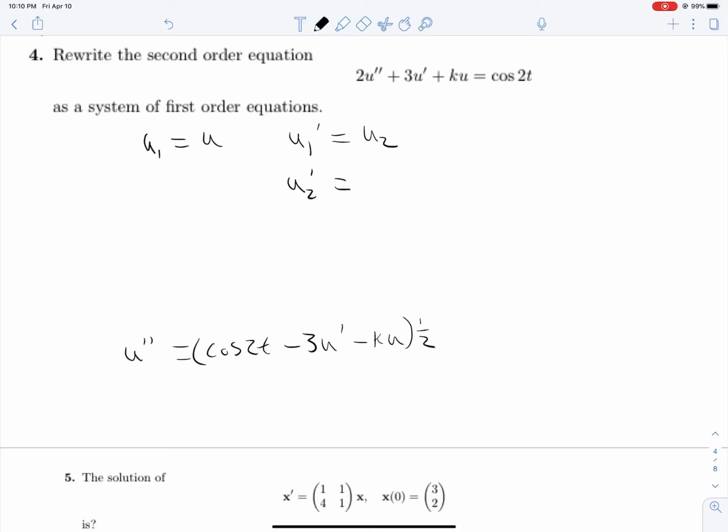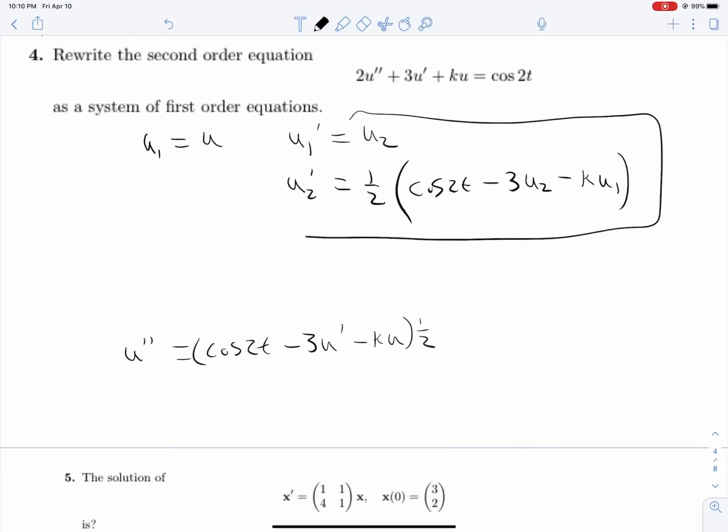And so we can express u2 prime as 1/2 times the quantity of cosine 2t, that doesn't change at all, that's just dependent on our independent variable t, minus 3 u2, where u2 is u1 prime, which is the same thing as u prime, minus k u1. And there is our system of first order equations there.